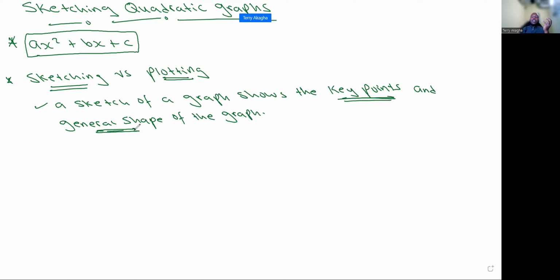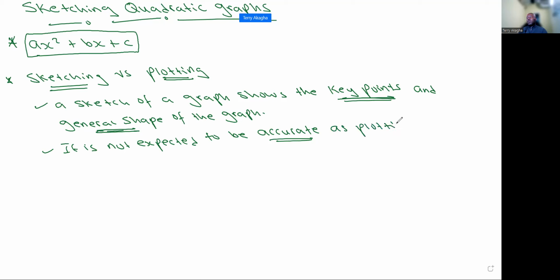Also, the level of accuracy while sketching cannot be compared to that of plotting. It is not expected to be as accurate as plotting a graph from a table of values.